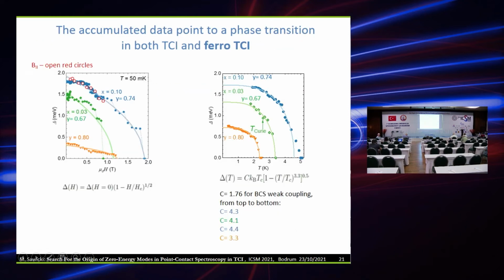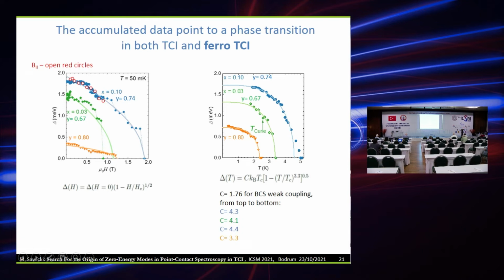We can perform either magnetic field studies or temperature studies, and we clearly see a phase-transition-like behavior for these features. They follow a typical scaling expected for BCS superconducting theory.